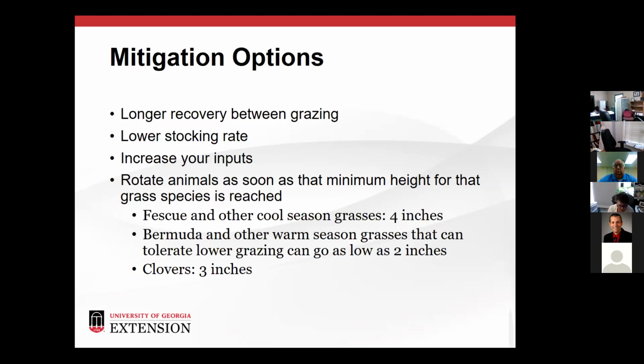In general, the minimum recovery period for paddocks should be about 14 days, but don't go by the number of days, go by the grass height. If it hasn't reached that minimum starting height, then don't put any animals on it until you've reached that level. Cool season grasses need to be about 8 inches and warm season grasses 5 inches as a minimum height.